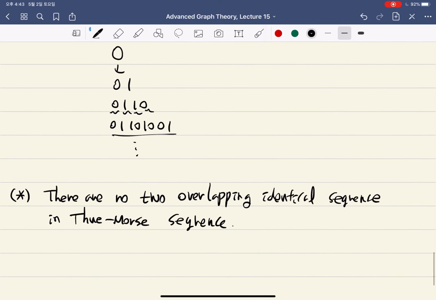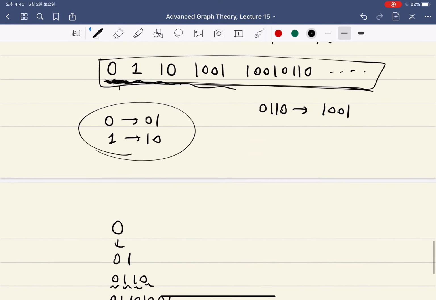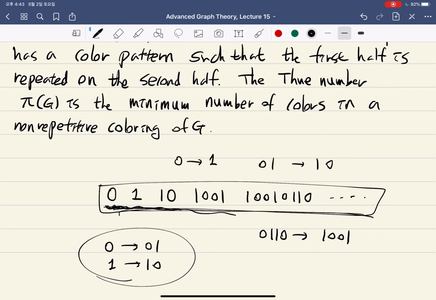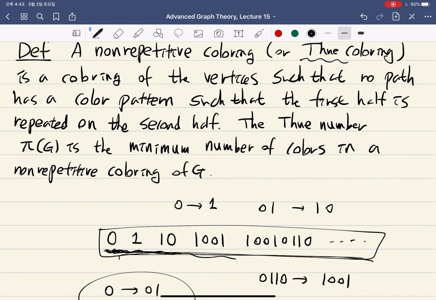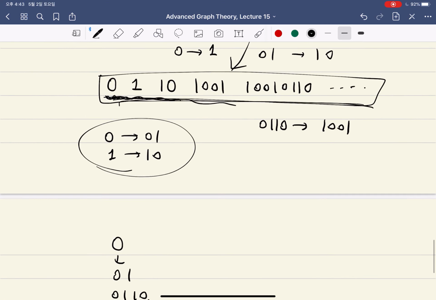So why do we consider this? At first glance, it seems that it has nothing to do with this non-repetitive coloring. In this sequence, there are many repetitions. So 0, 0 is a repetition. And we have 1, 0, 0, 1 and 1, 0, 0, 1. So it has repetition.